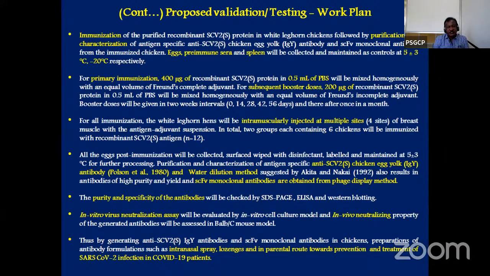That's by generating IgY, IgA antibodies, monoclonal antibodies in chicken, and preparation of antibody formulations such as intranasal spray, lozenges, and parenteral route towards prevention and treatment of SARS-CoV-2 infection in COVID-19 patients.